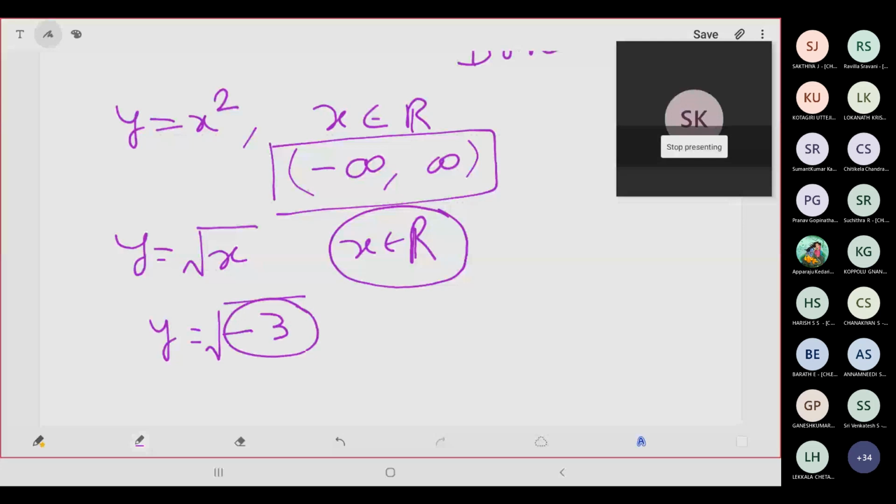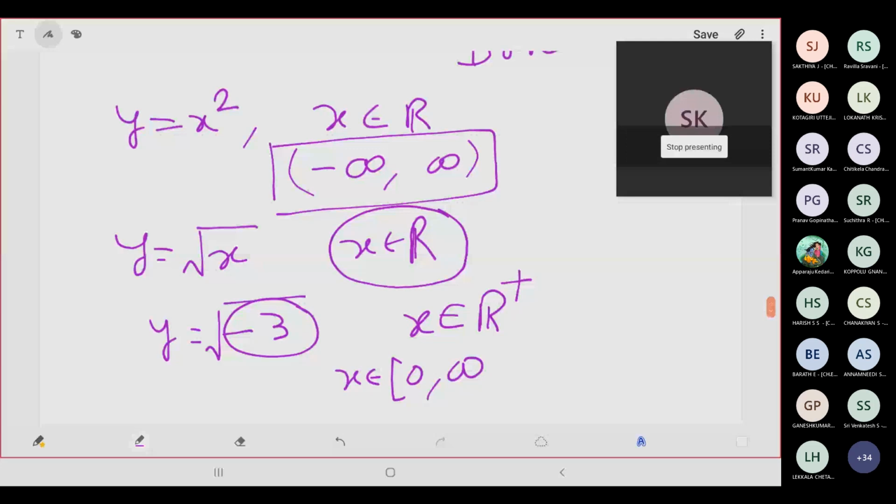The square root of a negative number is not defined. So you can take only the positive reals, that means x from 0 to infinity, including 0.